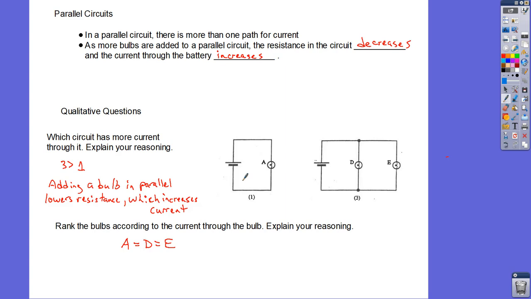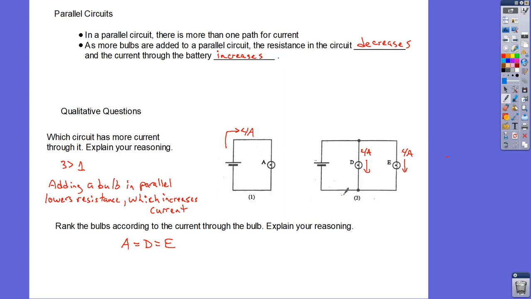And you could also reason, so like using the example that I used on the previous slide, if that's 4 amps for that brightness through A, if these are the same brightness, that means this would be 4 amps going through there, and this would be 4 amps going through here.